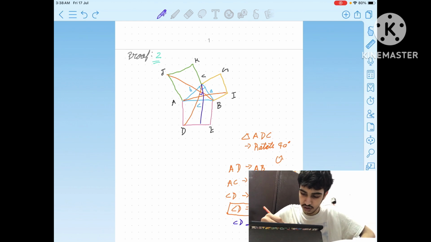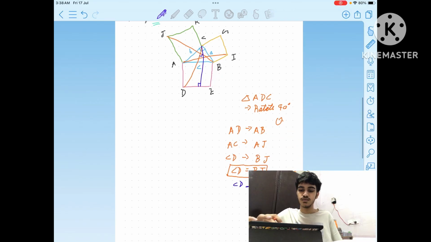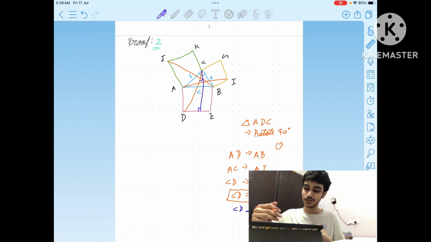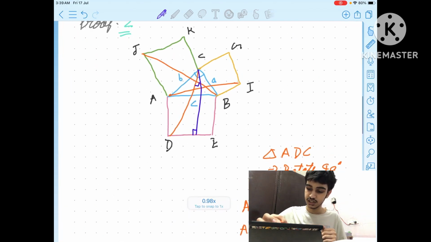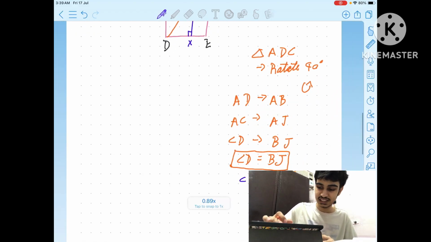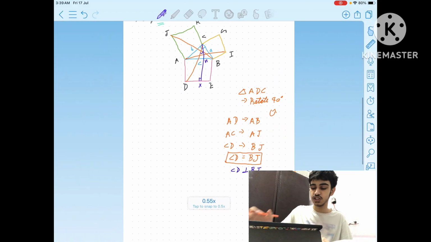Actually there is going to be a mismatch in the figure, sorry for that. So we have drawn a perpendicular from C to DE. Let's name some points. Let's name this point as H and this point as X.